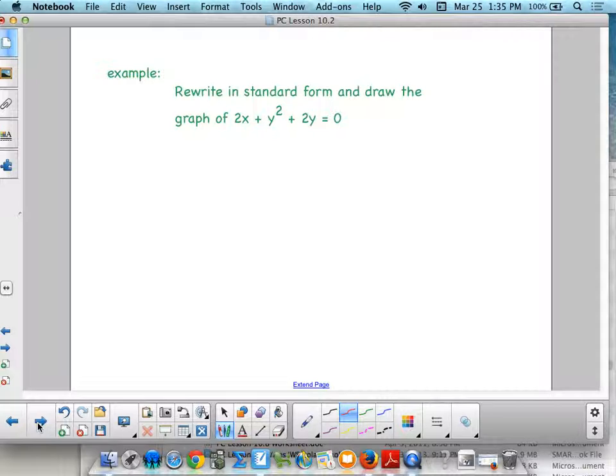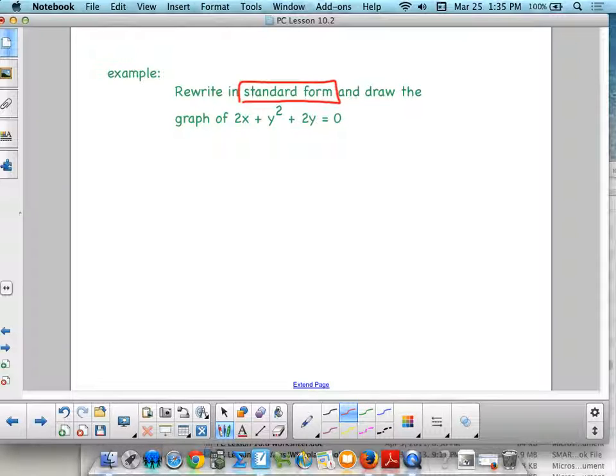Okay, here's our last slide. You are going to be asked to write the equation in standard form about, I don't even know, 4 or 5 times. So when they say rewrite this equation in standard form, you have to know which one you're picking from.